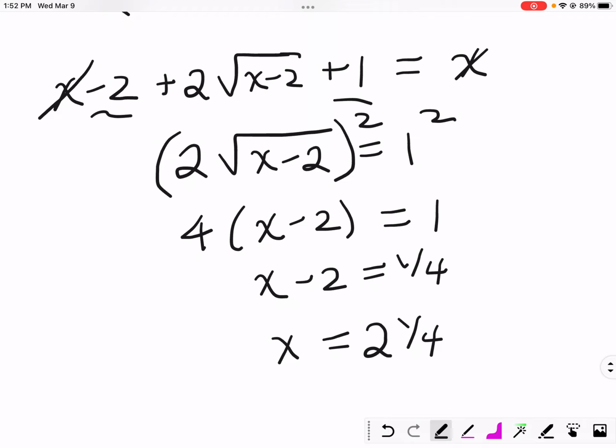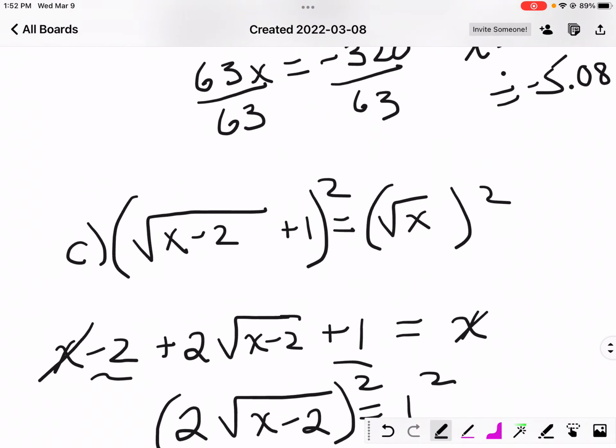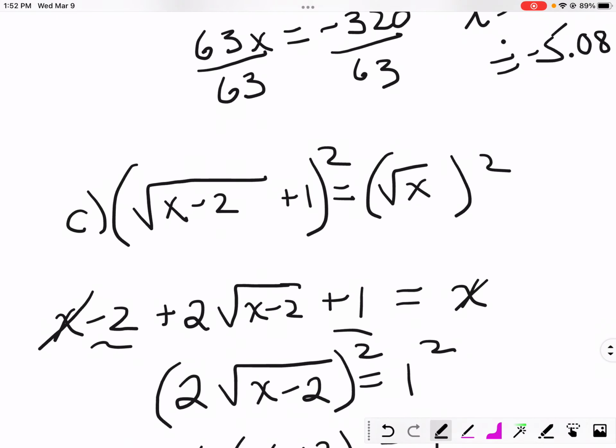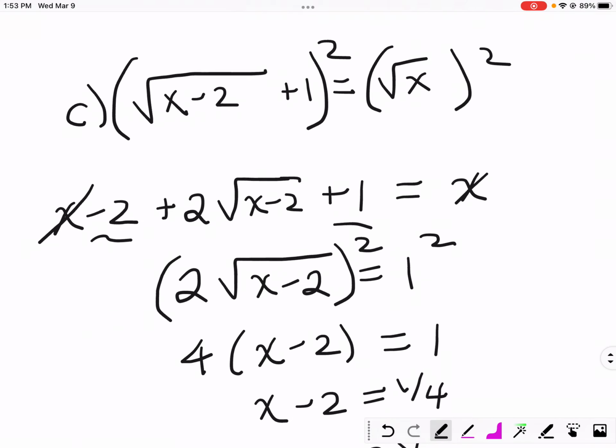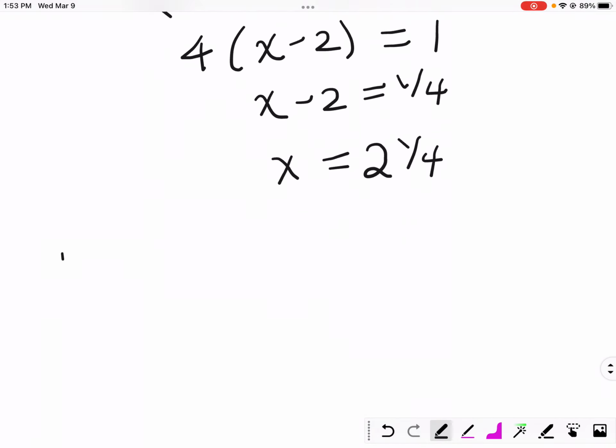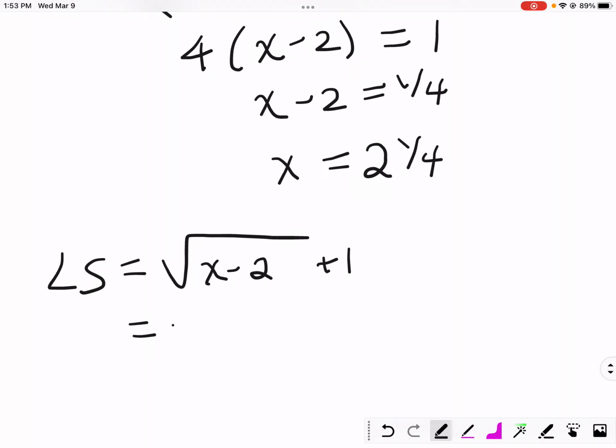Now we need to go back up to the very original right here and verify this. So the left side is the square root of x minus 2 plus 1 equals 2 1/4 minus 2 plus 1.